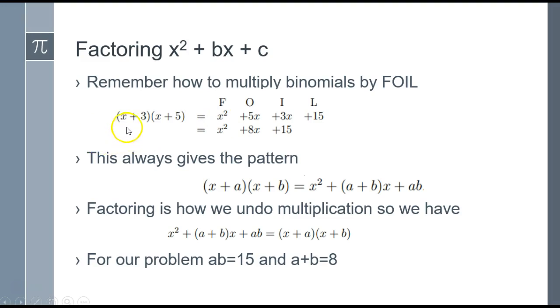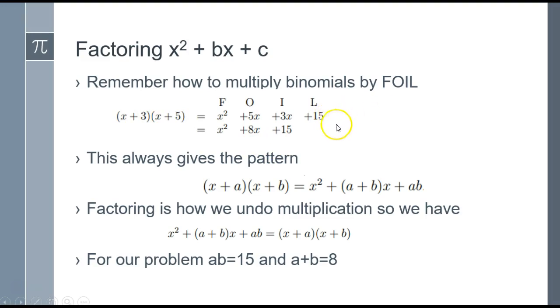Then you would multiply the outer terms, x times 5. X is the outer term in the first set of parentheses, 5 is the outer term in the second set, and you get 5x. And then the inner terms, 3 times x gives you 3x. And the last in the first set of parentheses is 3, and the last in the second set of parentheses is a 5. 3 times 5 is 15.